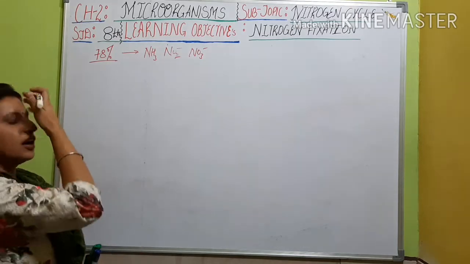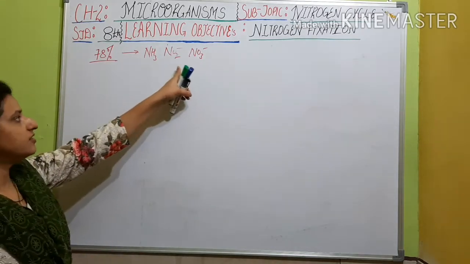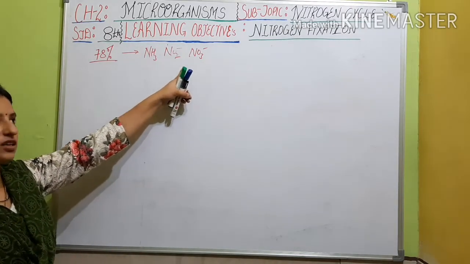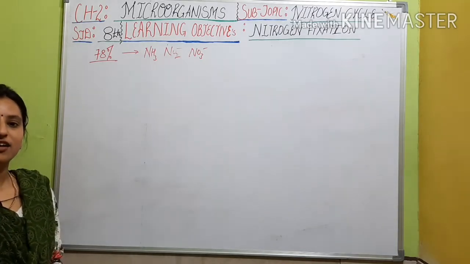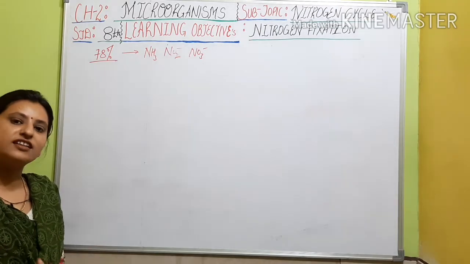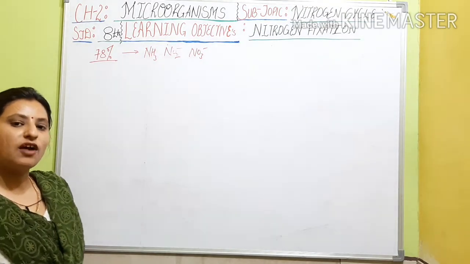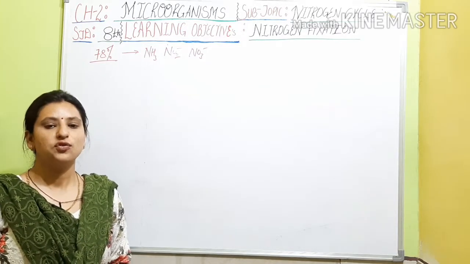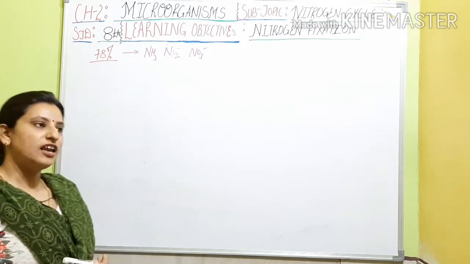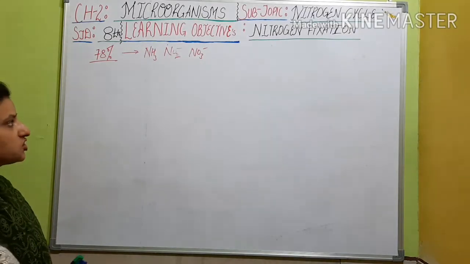When we convert it into these nitrogenous compounds, the nitrogen is fixed. Because we do not use nitrogen directly, we have to fix that nitrogen with the help of plants and animals, and then only we can use it for our benefit. So let's go for the nitrogen fixation.